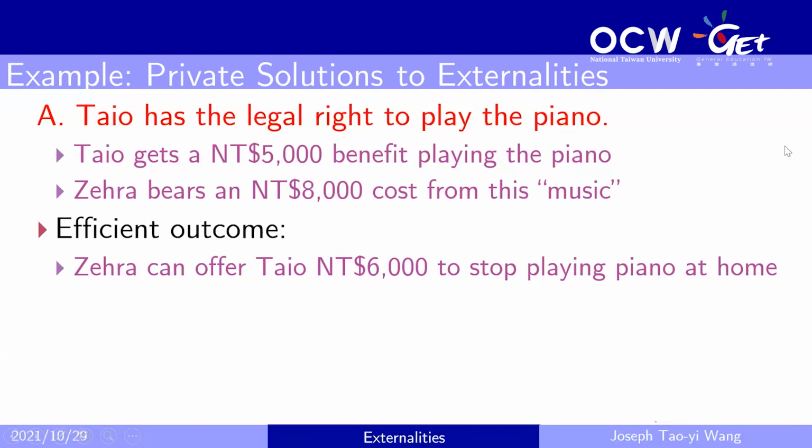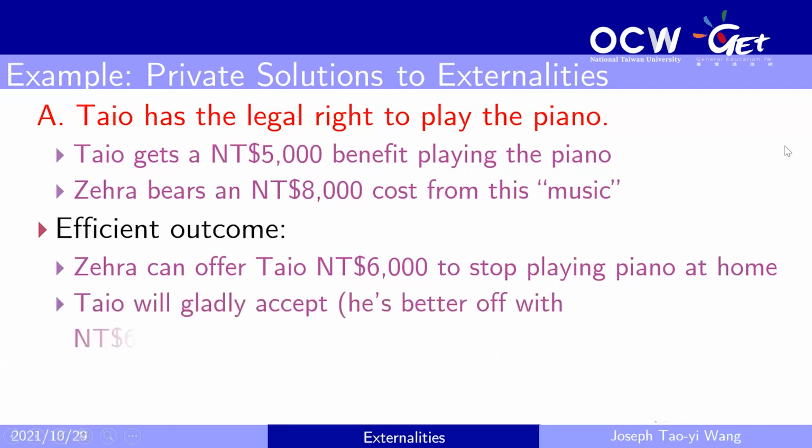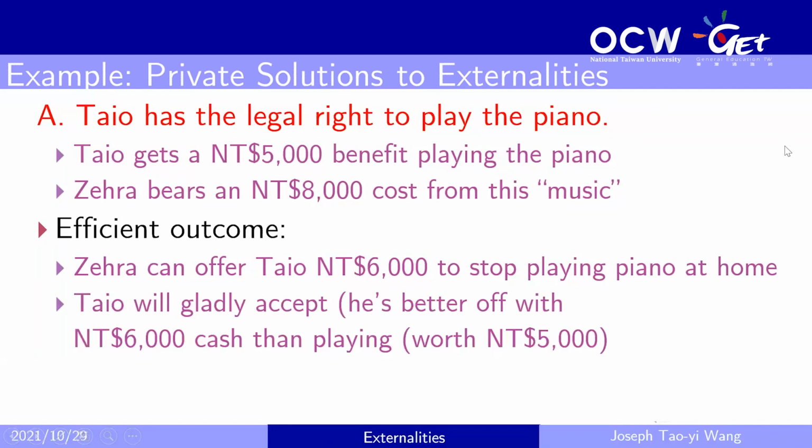So the efficient outcome should be Tao not playing, because the social benefit is smaller than the social cost. Suppose Zara says, hey Tao, I'll pay you $6,000 to stop playing. Because Tao's benefit is only 5,000, he is better off getting $6,000.